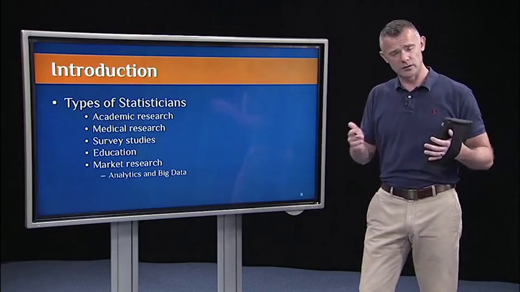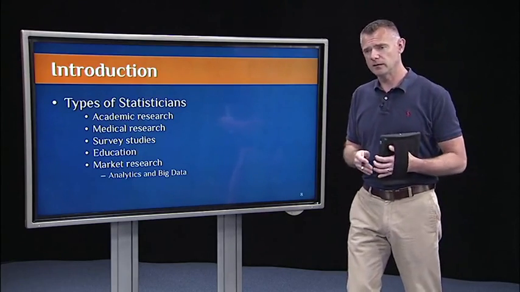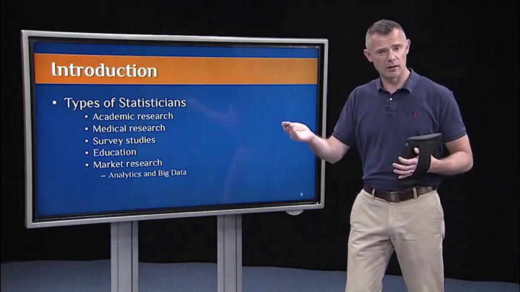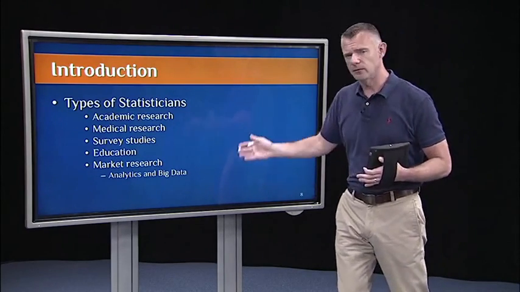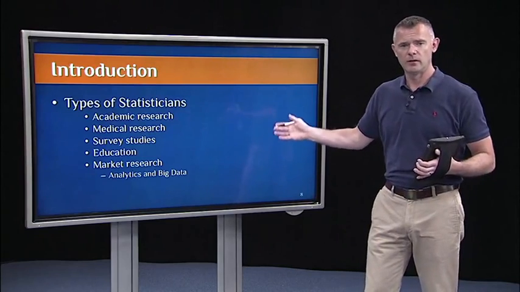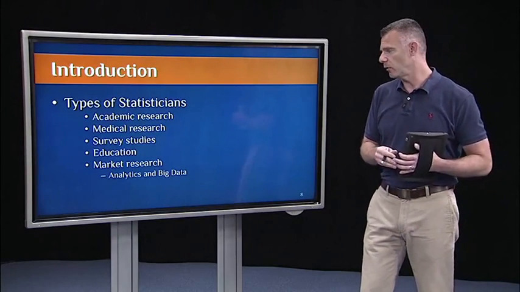There are lots of examples of survey studies, or the most popular are polling studies to predict election outcomes, or like the census polls. There's lots of research that takes place in the realm of education, like that academic records example.